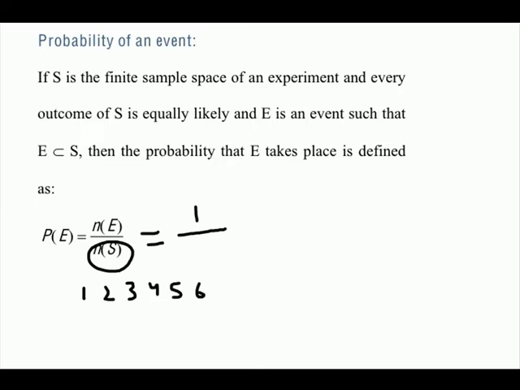So the total number of outcomes here is 6. So 6 is your total sample space. So the probability of getting a 2 when you roll a dice is 1 by 6. Simple to understand? Great.